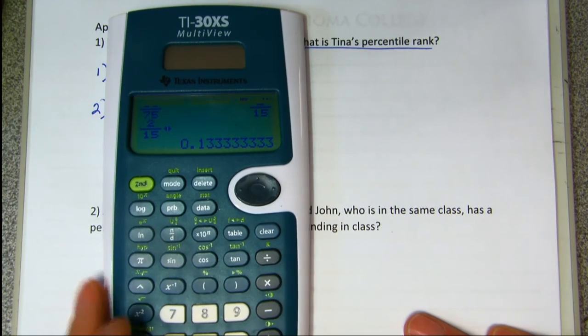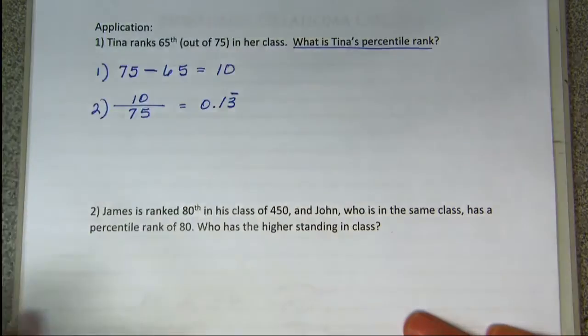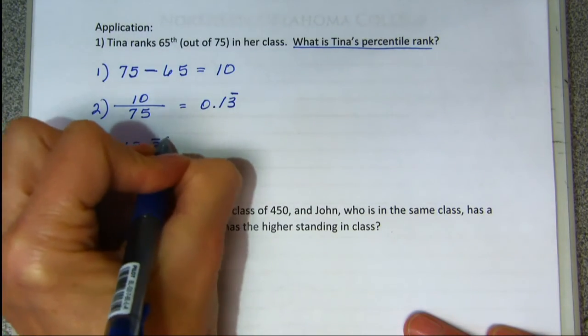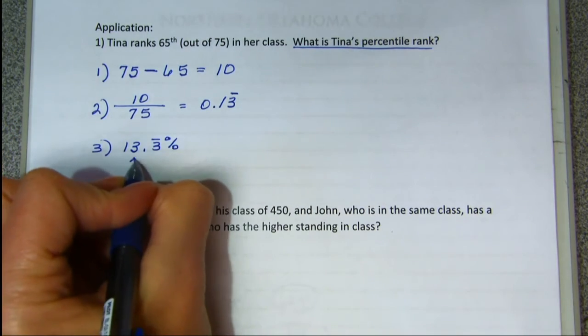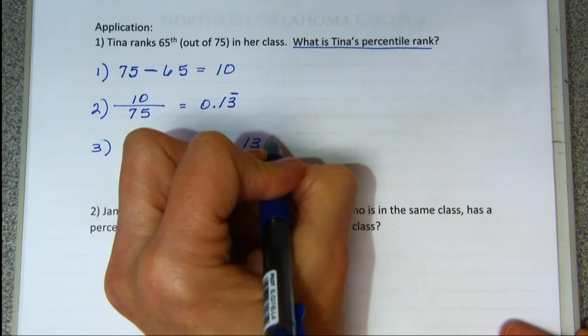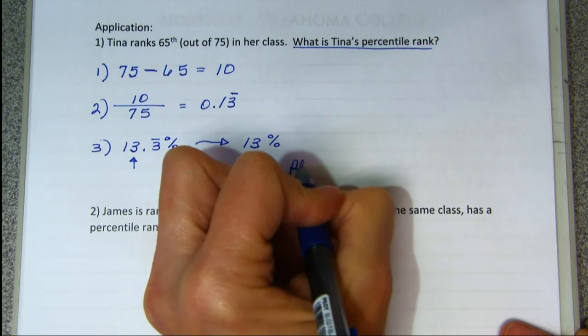All right, now I'm going to convert that to a percentage in step 3. But we are going to round to the nearest whole percent. So it would be 13% or the 13th percentile.